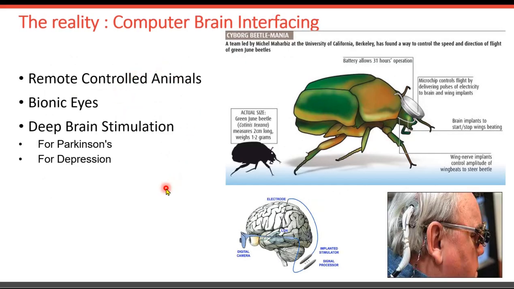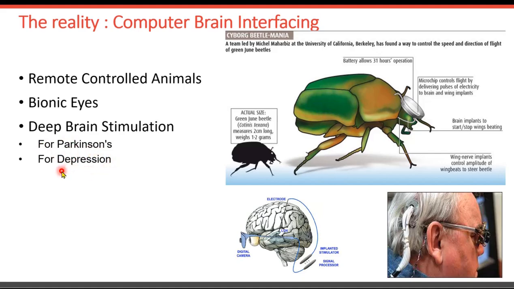One of the early applications of computer-to-brain interfacing can be given in these examples. For instance, we can use CBI to remotely control animals. There have even been some attempts to restore human vision using bionic eyes for blind people. And deep brain stimulation, as I briefly mentioned, is in practice nowadays for treatment of Parkinson's disease or even for depression.